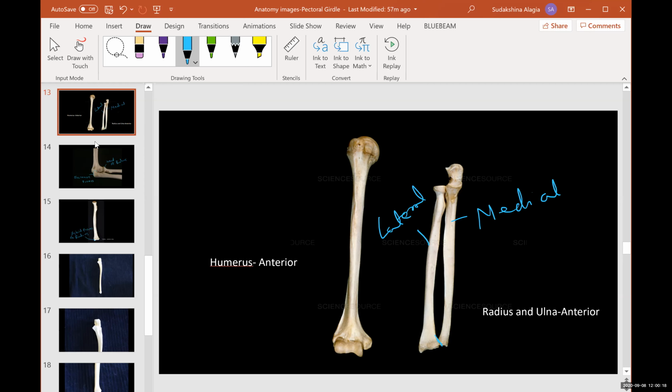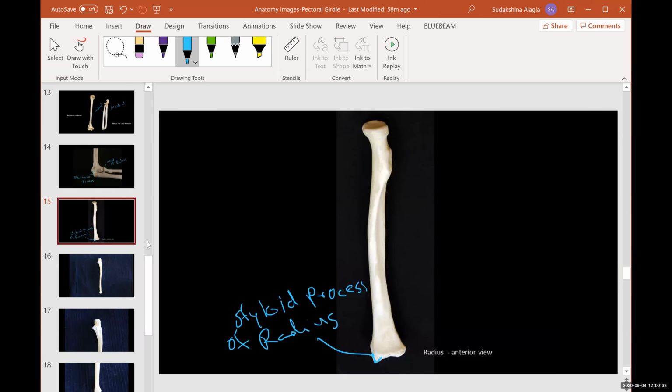So there's a ulnar notch on radius, there's a radial notch on ulna, where these bones articulate with one another. And that ulnar notch is on the opposite side of the styloid process, on the medial aspect. So ulnar notch is here. So these are the three things that I have for radius.